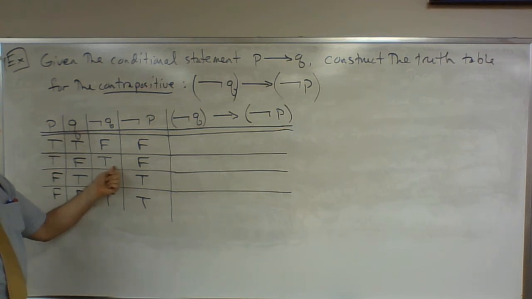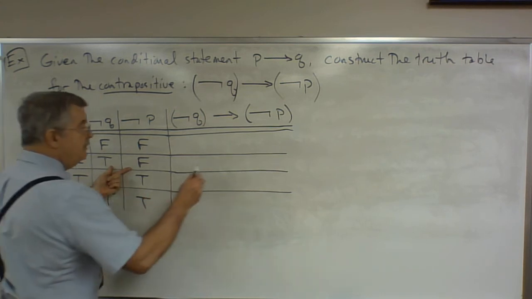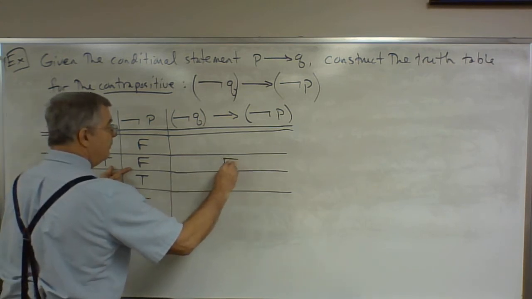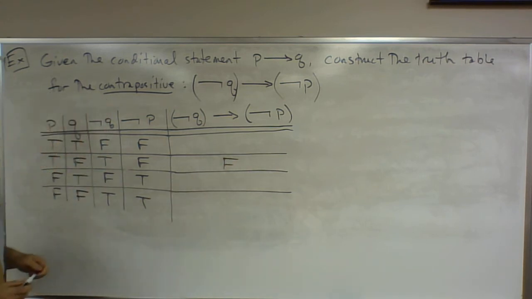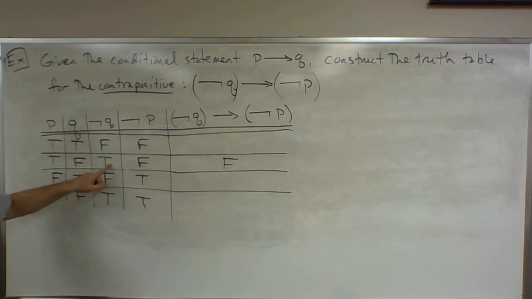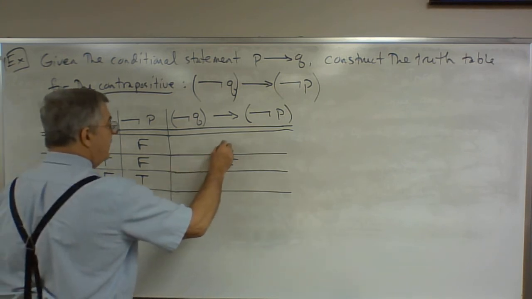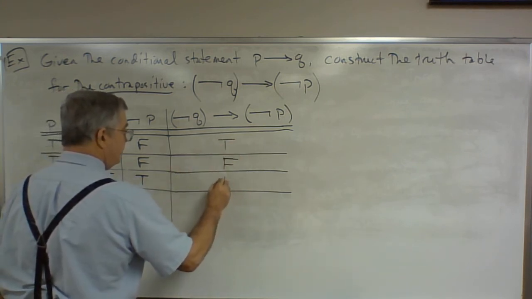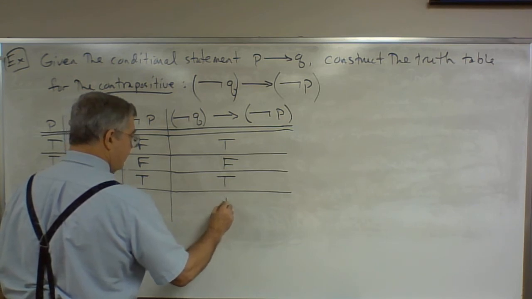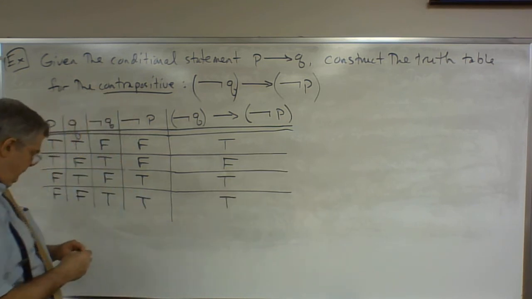Not Q true implies not P false. So this is false. And this is the only case where we have not Q true implying not P false. So all of the rest of these are true.